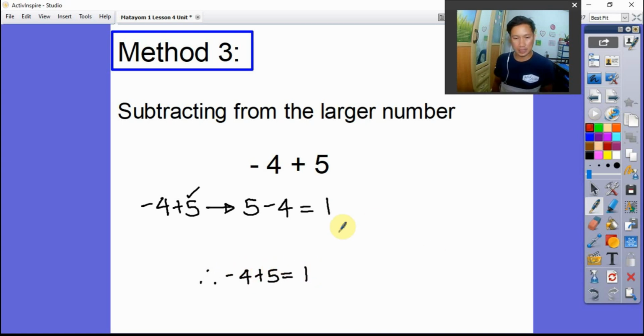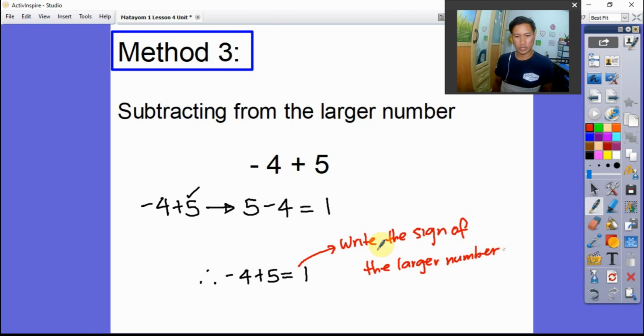Now for the last part, you have to write the sign of the larger number. So let's go back to my question. What is the sign of the larger number? The sign of the larger number is positive. So we have positive 1.